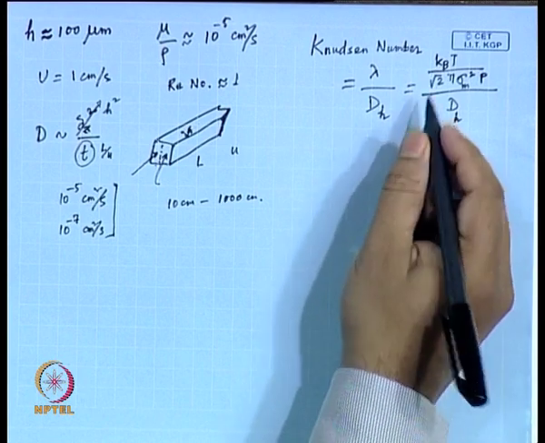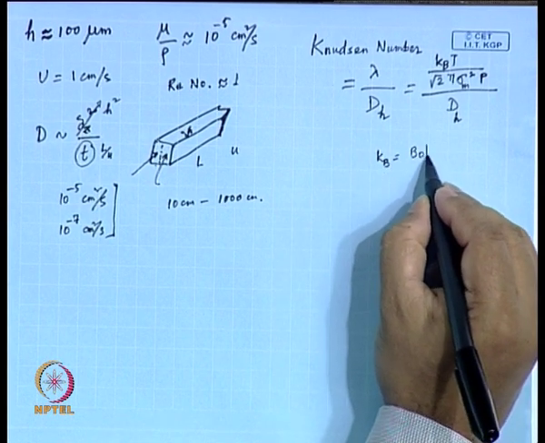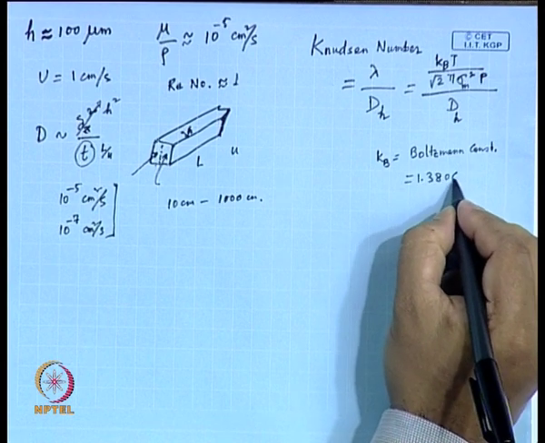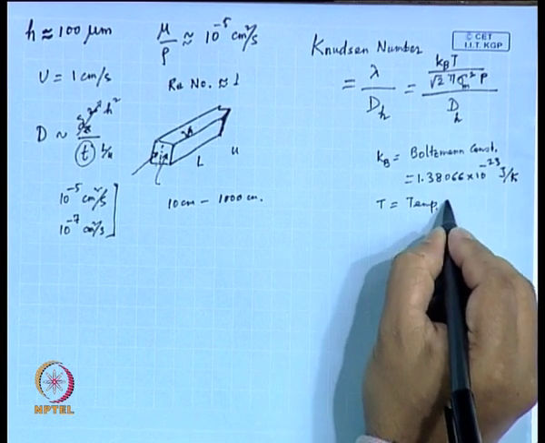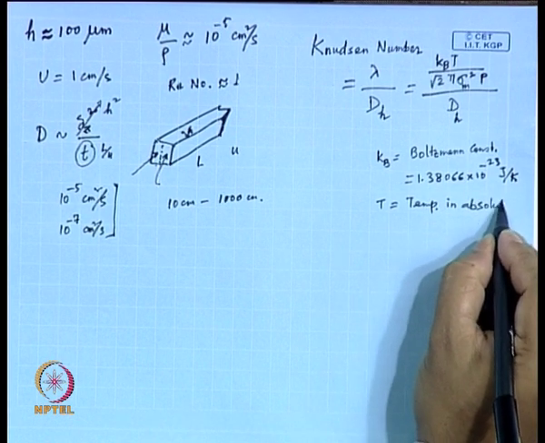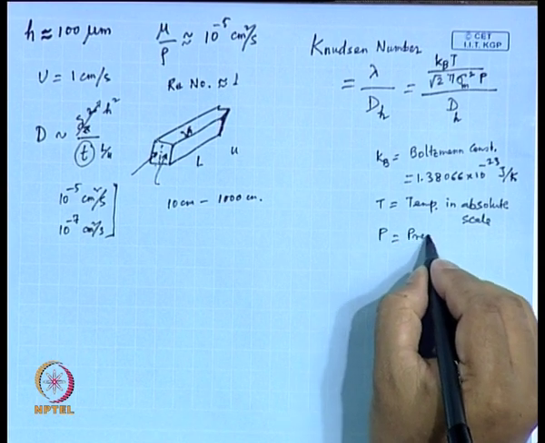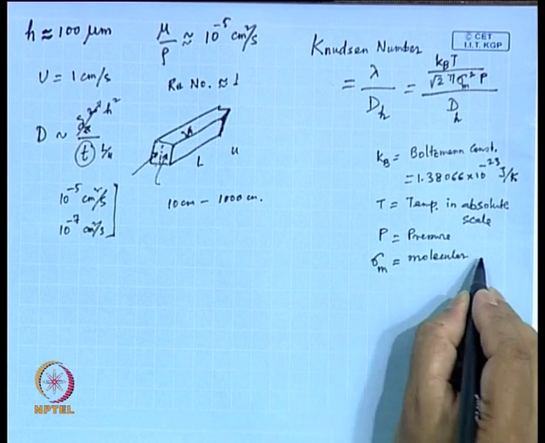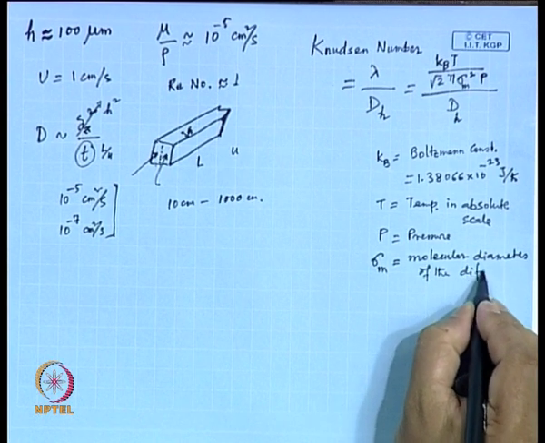Now, what are the various terms I have here, kB, T, etc.? You know what that is. kB is basically the Boltzmann constant, the value would be 1.38066 into 10 to the power minus 23 joule per K. T is temperature in absolute scale, then you have P, which is pressure, and you have sigma m, which is the molecular diameter of the diffusing species.